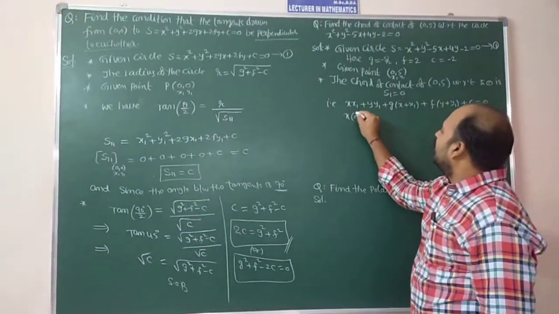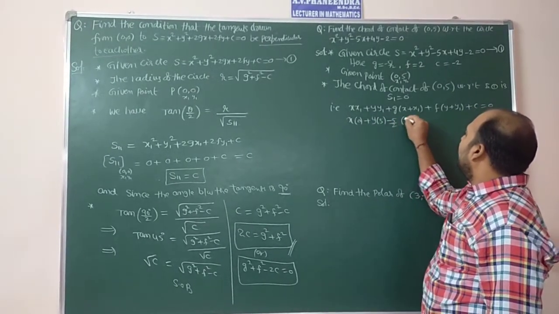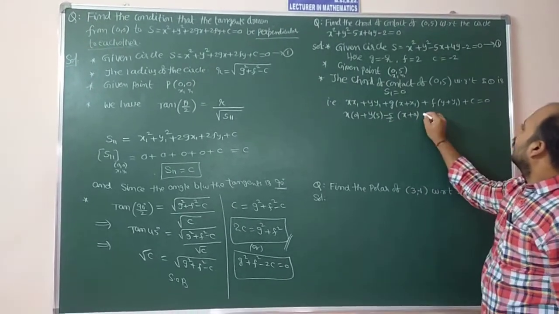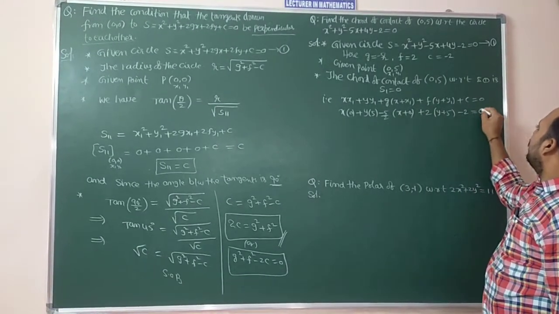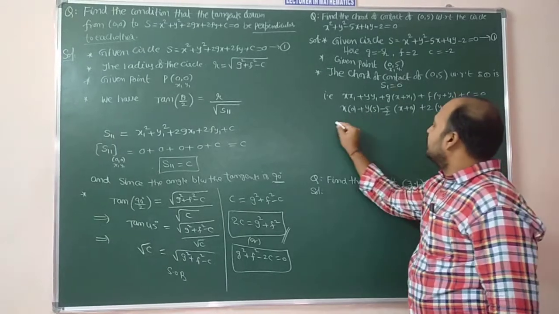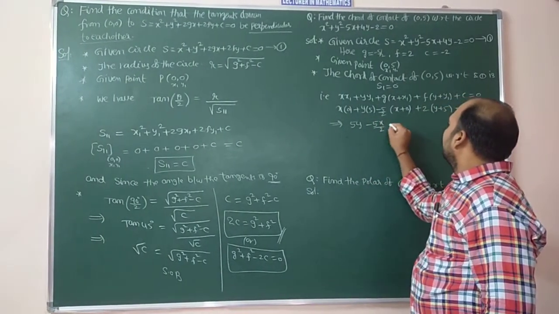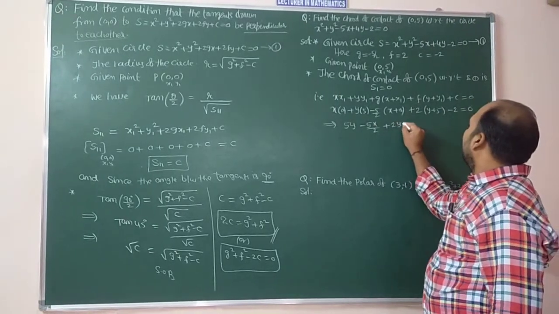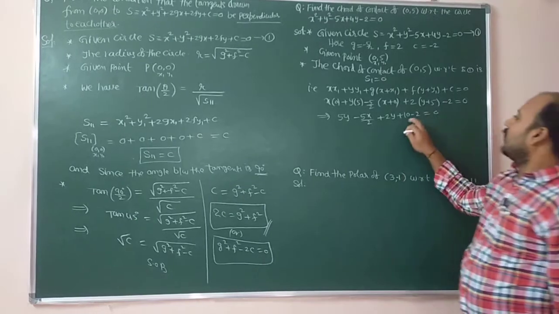Now substitute these values in this. x into 0 plus y into 5 minus 5 by 2 into x plus 0 plus 2 into y plus 5 minus 2 equal to 0. So this value goes to be 0. 5y minus 5x by 2 plus 2y plus 10 minus 2 equal to 0. So it will become 8.